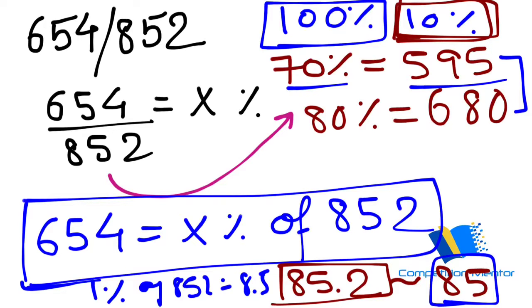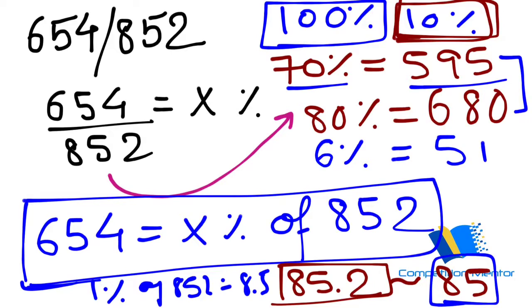But still, for the sake of discussion, as you want to see with the help of examples, let's take 6%. So 1% we know is 8.5, 6% will be 8.5 into 6. So 6% equals 51. This we are getting.